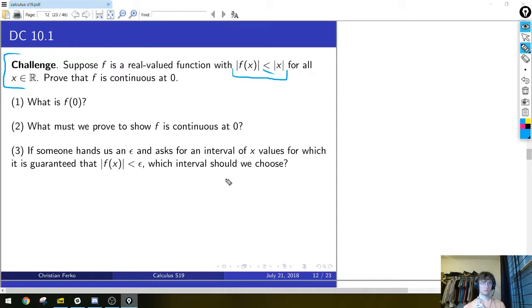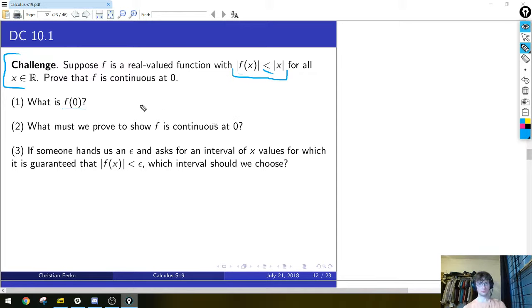Say the question again. So if for any x, the absolute value of f of x is less than or equal to the absolute value of x, what can we infer about the output at 0, f of 0, based on this inequality?